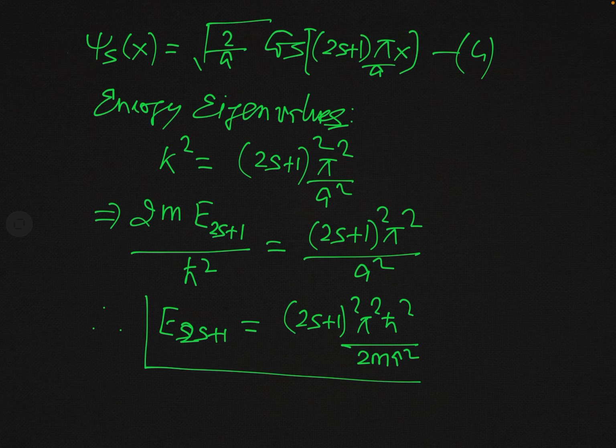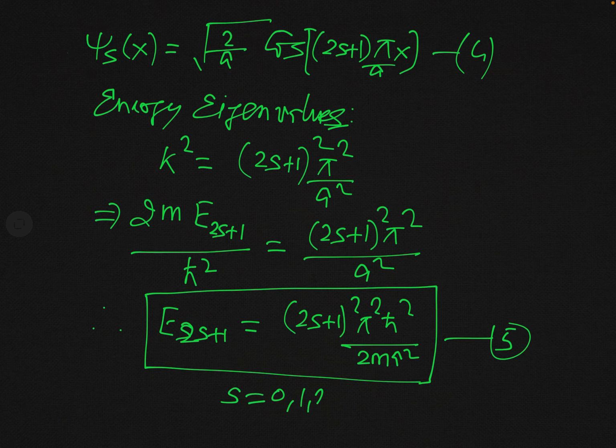So now you can see that the eigenvalue of energy is again discrete. You can take here the value of s equal to 0, 1, 2, 3 and so on. So we have obtained the eigenfunction and the energy eigenvalue with both odd parity and even parity.